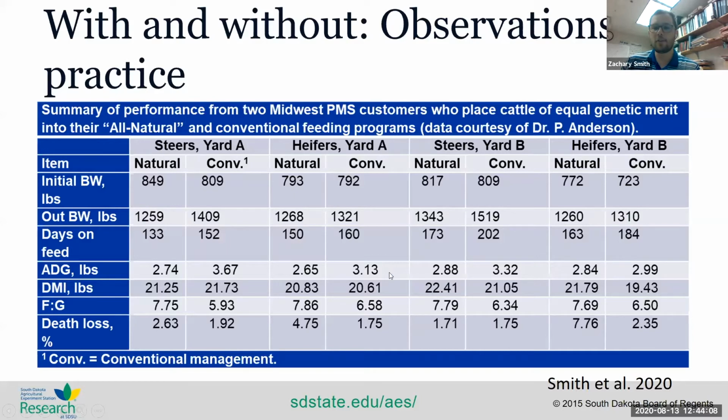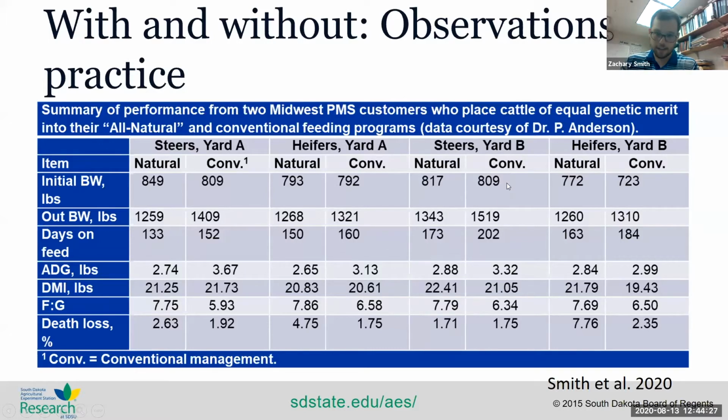And with heifers, the typical response to technology is not nearly as large. And so here we see a 15% increase in average daily gain, really a reduction in intake, but about a 16% difference in dry matter feed conversion ratio.